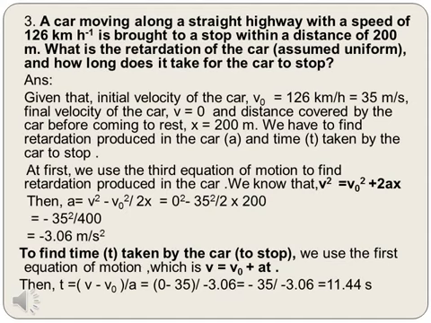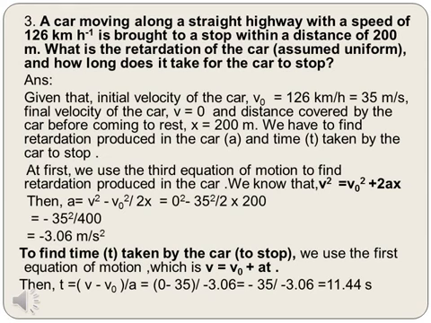Given that initial velocity of the car v0 is equal to 126 km per hour is equal to 35 meter per second. Final velocity of the car v is equal to 0 and distance covered by the car before coming to rest x is equal to 200 meter.